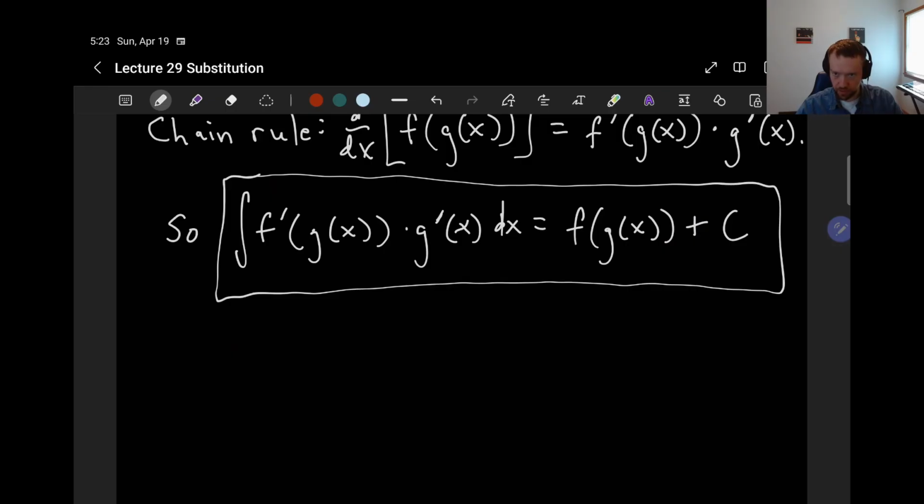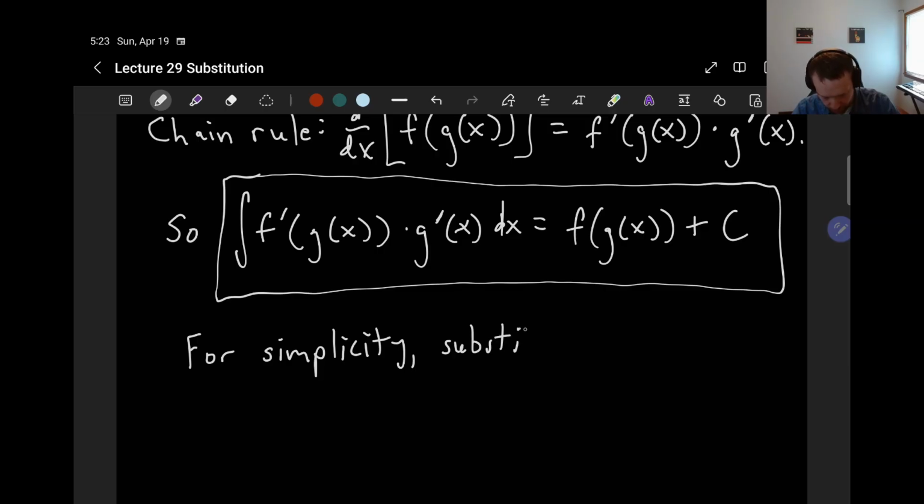We're going to substitute a variable in place of the function g of x, and that makes for a simplified integral. And this is why we call it substitution. We substitute the letter u in place of g of x.